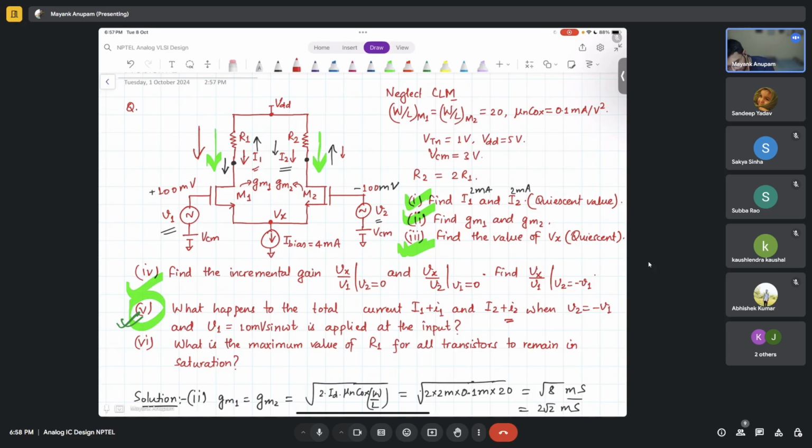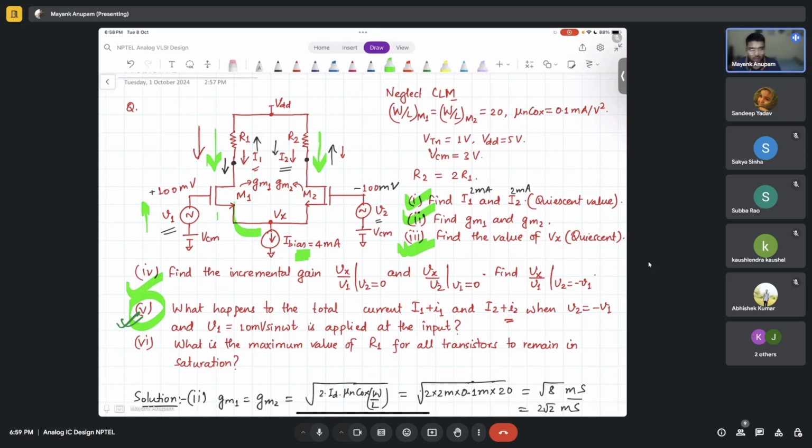So what is happening is that this current is being steered into this branch, and more and more of this current is being steered into this branch compared to this branch as the voltage V1 is increasing. Are you understanding the point here?